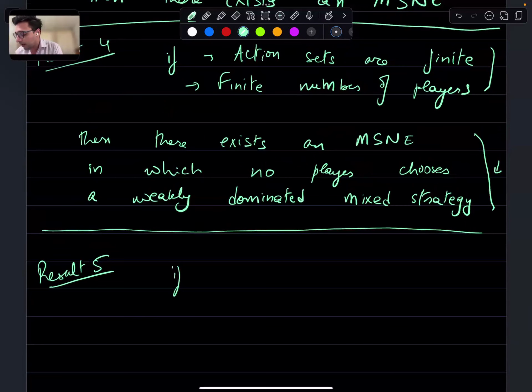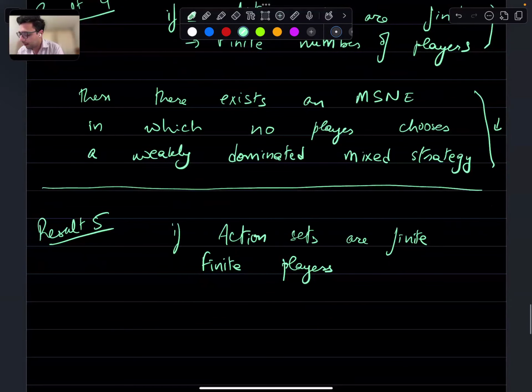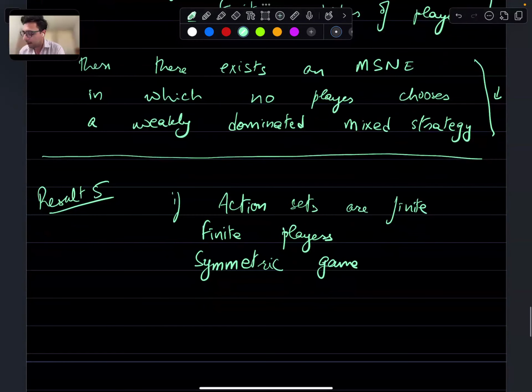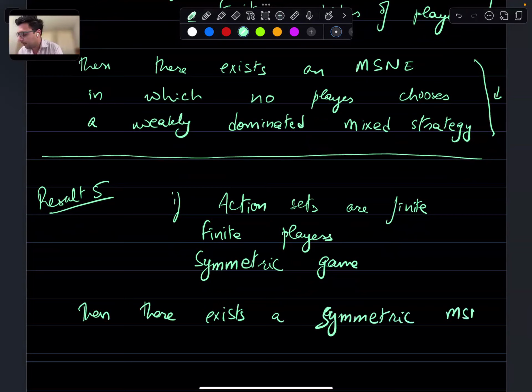If action sets are finite, players are finite, and the game is symmetric, then there exists a symmetric MSNE.